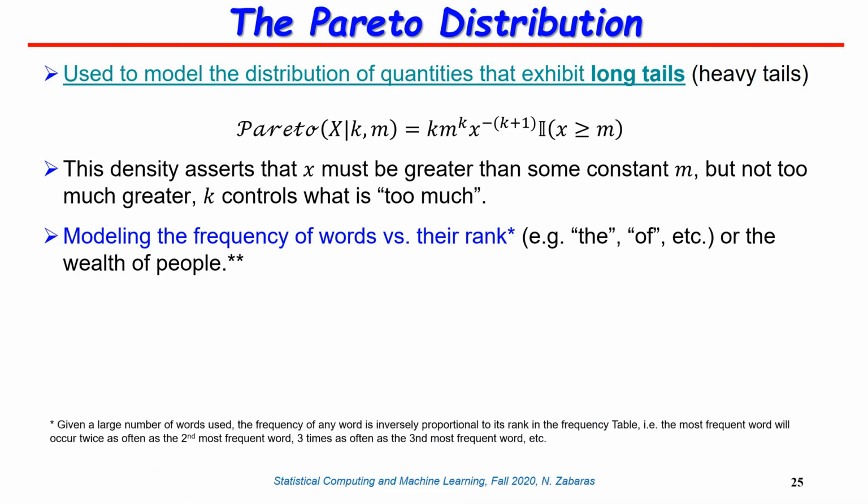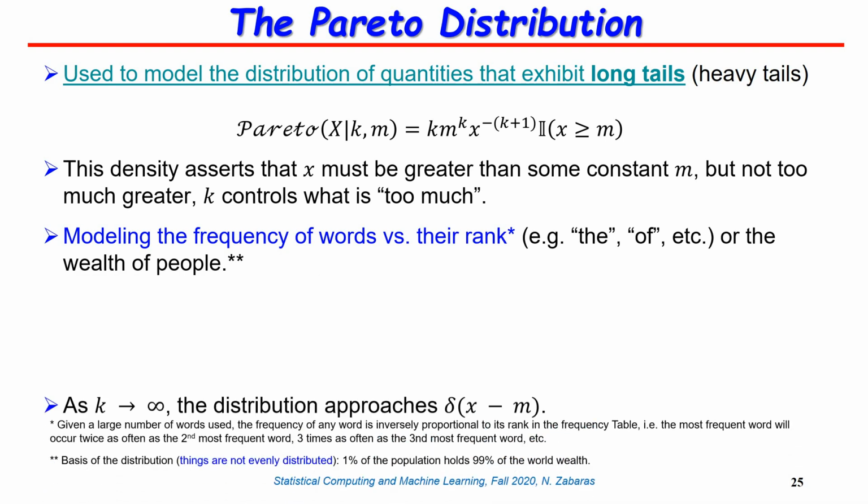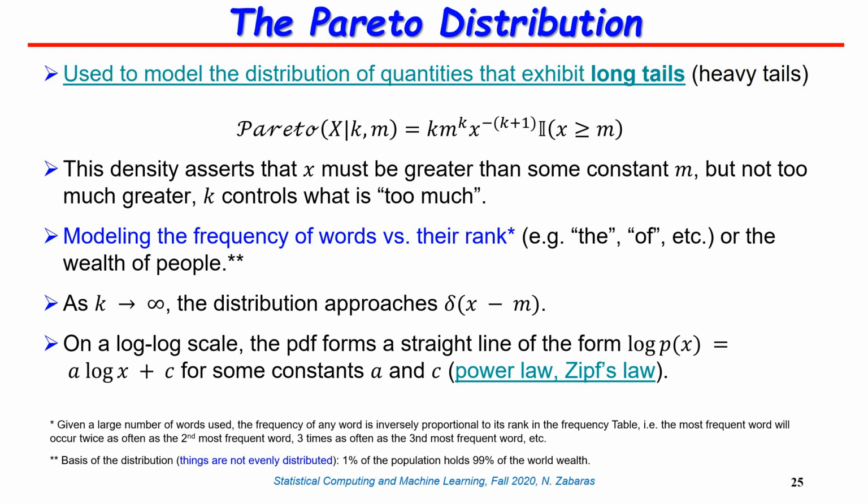So if you take the log of the Pareto distribution, you get what is called Zipf's law, that effectively you can see if you take logs, in a log scale, you get a linear plot.